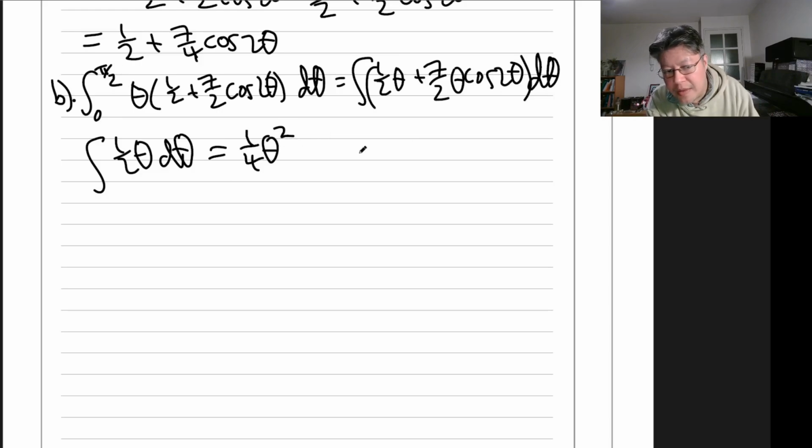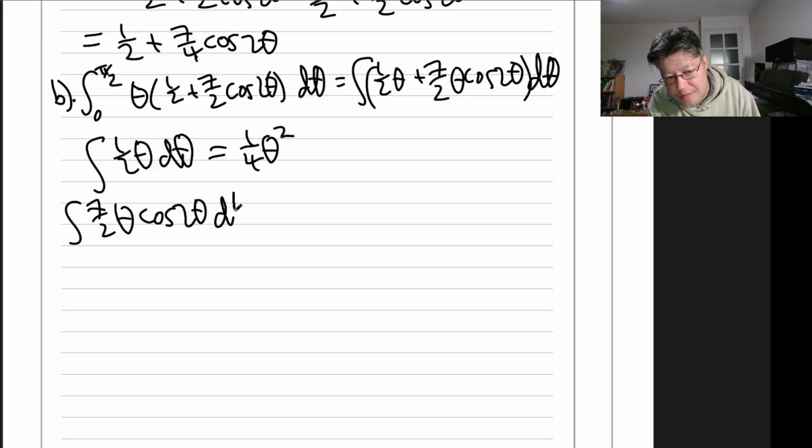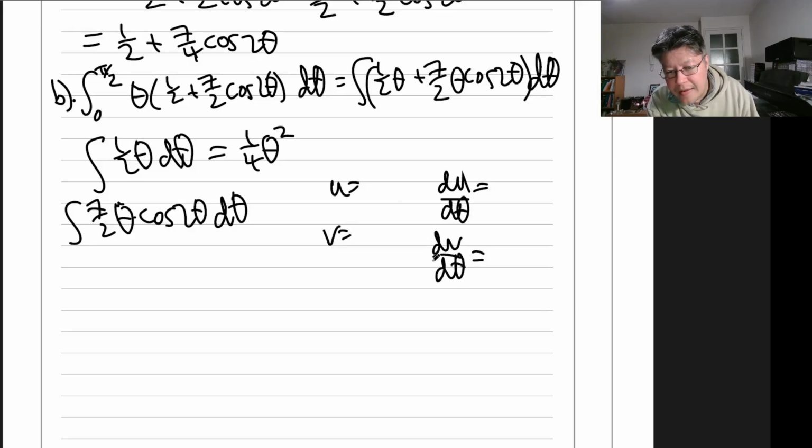Now the second one will be, let's just write that out, the integral of 7 over 2 theta cos 2 theta. And here we're going to use by parts. So the first product, let's put a u, a v, a du d theta, and a dv d theta. And the by parts formula is as follows.